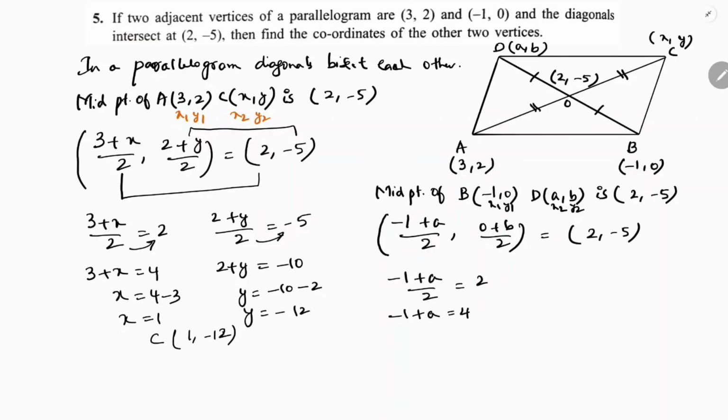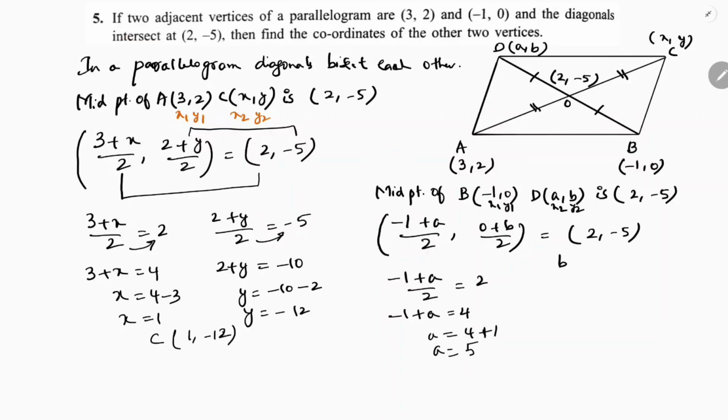So the a value is 4 plus 1, which is nothing but 5.